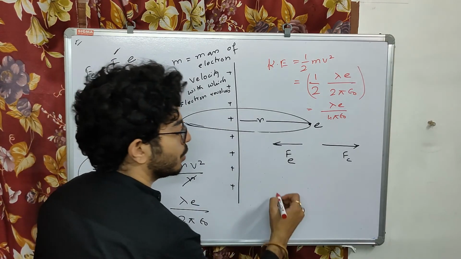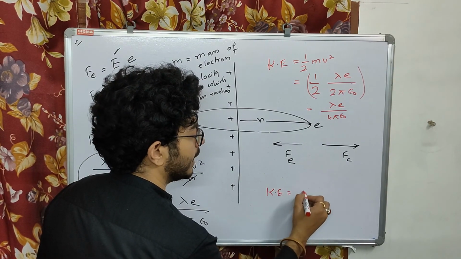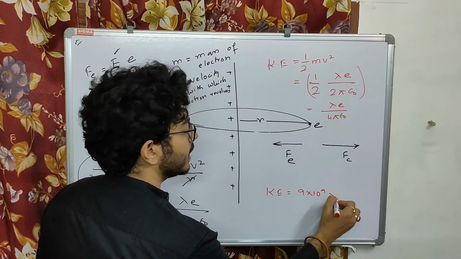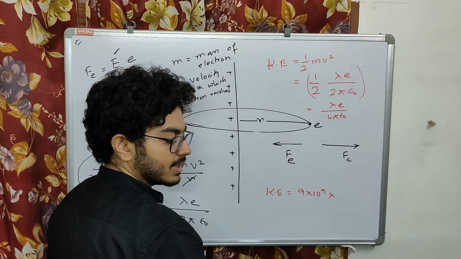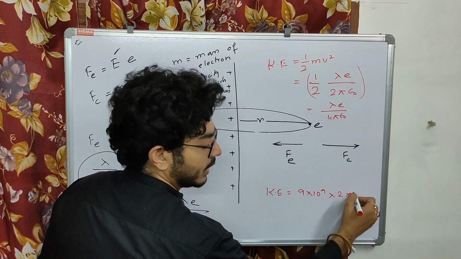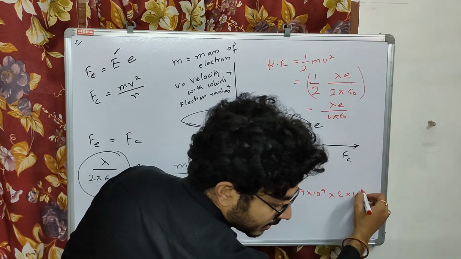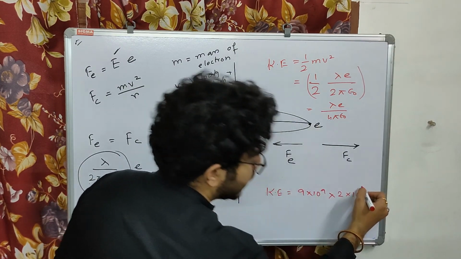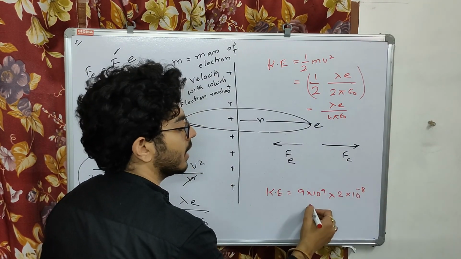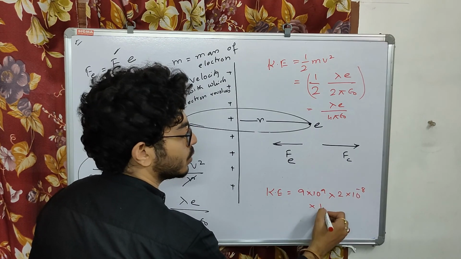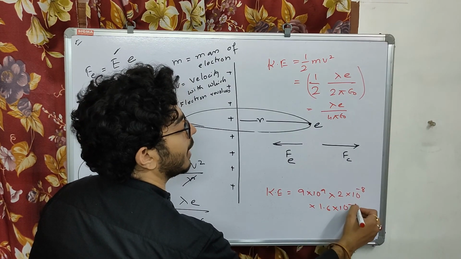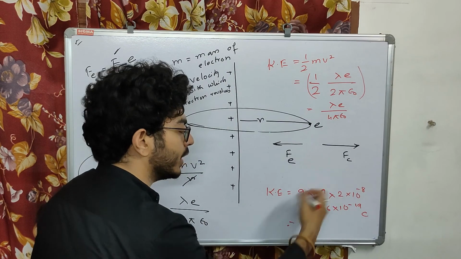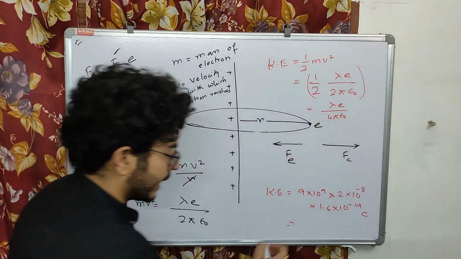So what should be the kinetic energy? Kinetic energy should be 9 into 10 to the power 9, into lambda, which is given as 2 into 10 to the power minus 8, into the electron charge 1.6 into 10 to the power minus 19 coulomb. If you calculate this, you are going to get the answer.